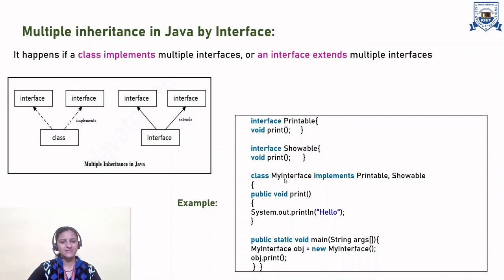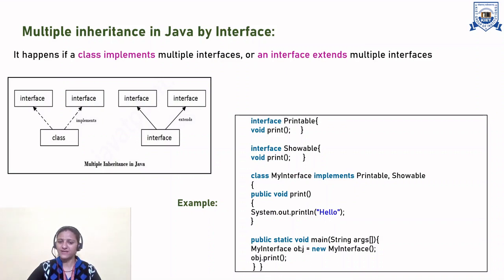So a class without any disturbance, without any ambiguity or confusion, can take the method and define its own, because they don't have that definition. The class can define its own definition, and this time inside this print, it displayed the value hello.